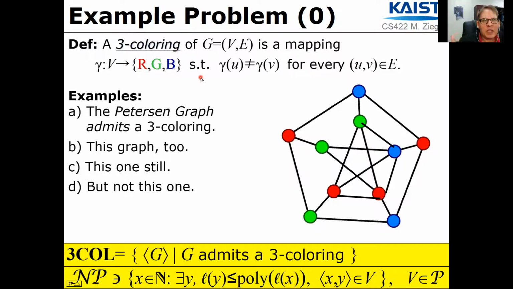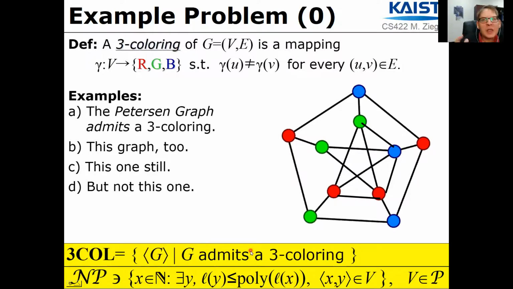And when presented with that table, it's easy to verify whether or not that table constitutes a valid 3-coloring, whether or not this table satisfies that all edges are not monochromatic, so that such a mapping can serve as a witness in this example.